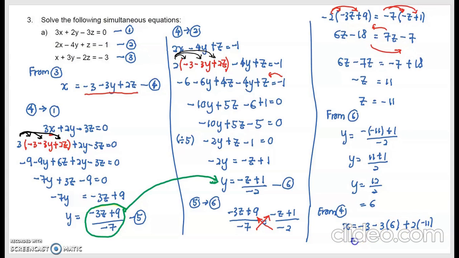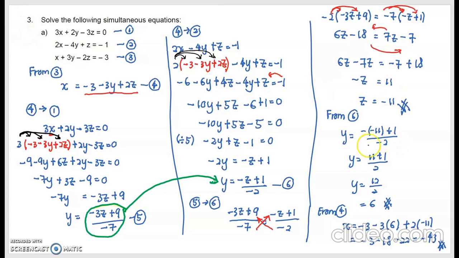So from here, I should have negative 3 minus 18 minus 22. So the answer here is negative 43. So this is the value of x, this is the value of y, and we have the value of z.